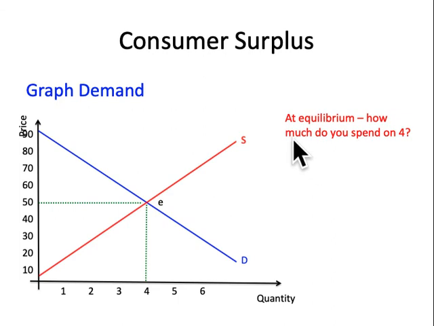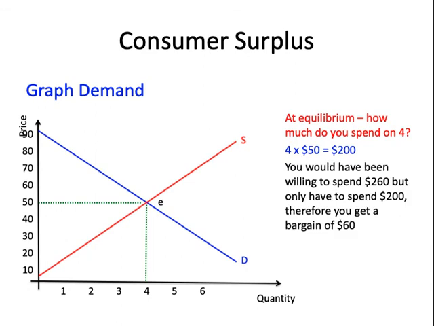So in reality, if I go to a store and see prices, how much do I spend to buy these 4 things? At equilibrium, I will spend $50 each, so I'm going to spend $200. Whereas I would have been willing to spend $260, I only end up spending $200. Therefore, I get a bargain. And hence my original statement: on everything we buy, we are getting a bargain.